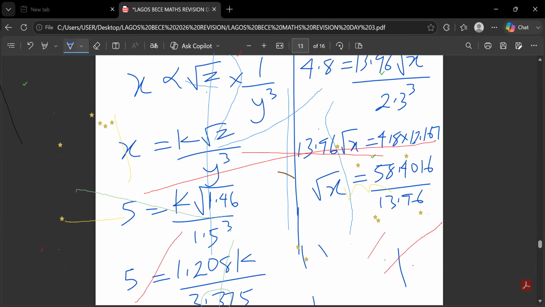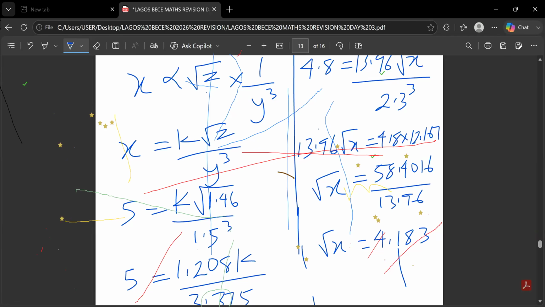So that means the square root of x is 58.4016 divided by 13.96, which gives us 4.183.